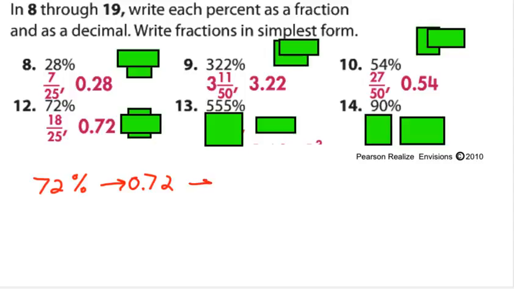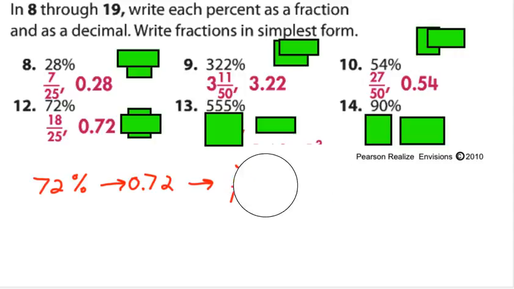And then as we write it as a fraction, it would be 72 over 100. If we simplify that, we divide by the greatest common factor of 4. 72 divided by 4 is 18, and 100 divided by 4 is 25. And so that's how we came up with our 18/25 and our 72/100.